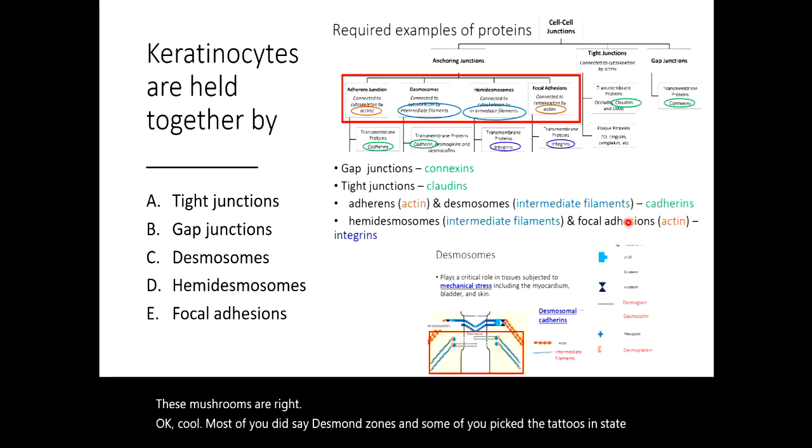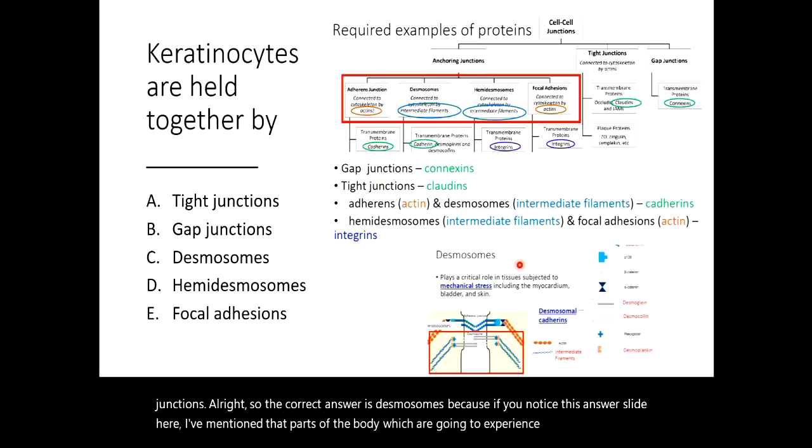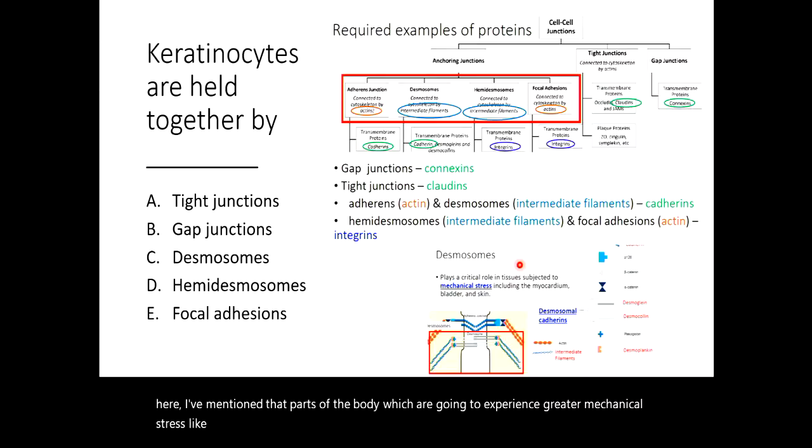All right. So the correct answer is desmosomes because, if you notice this answer slide here, I've mentioned that parts of the body which are going to experience greater mechanical stress, like the heart muscles or the skin or the urinary bladder, need extra support between the cells, and so desmosomes would be found there, right?